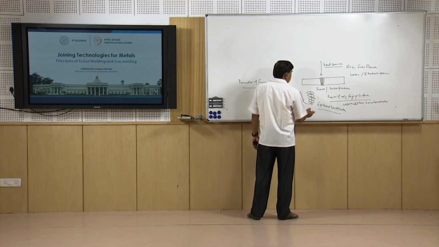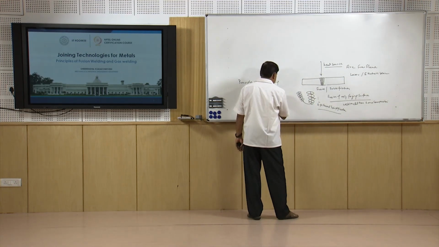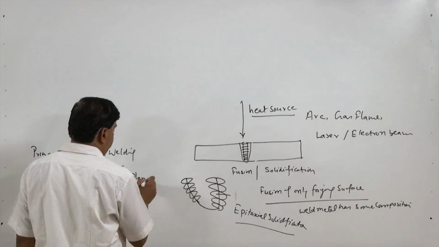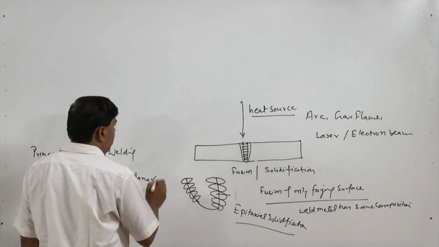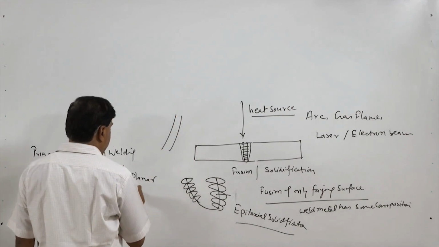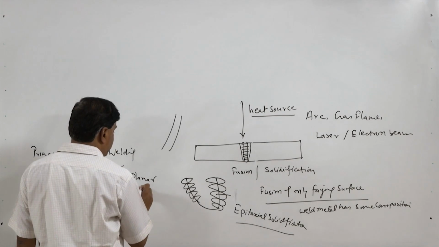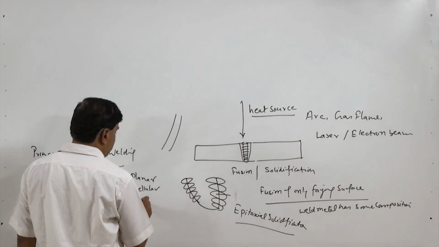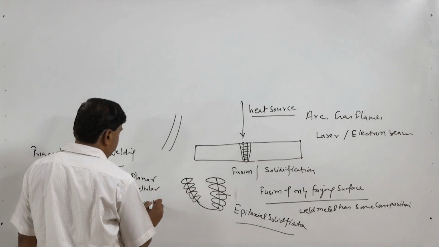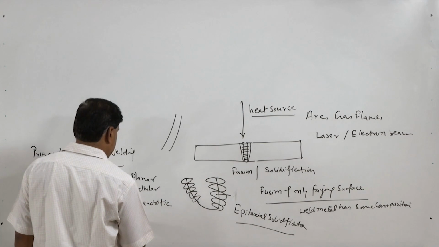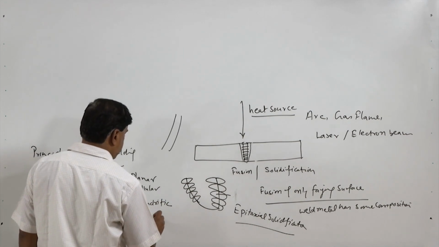Normally 3 or 4 types of grain structures are observed. One is the planar, which is very plain next to the fusion boundary. Then we normally observe the cellular zone, then dendritic, and then equiaxed structure.